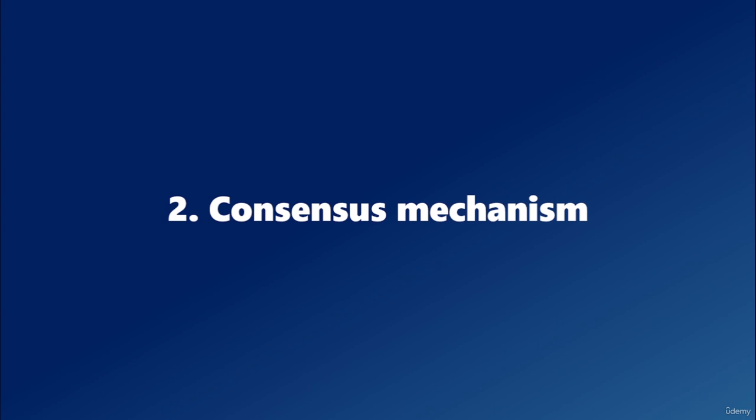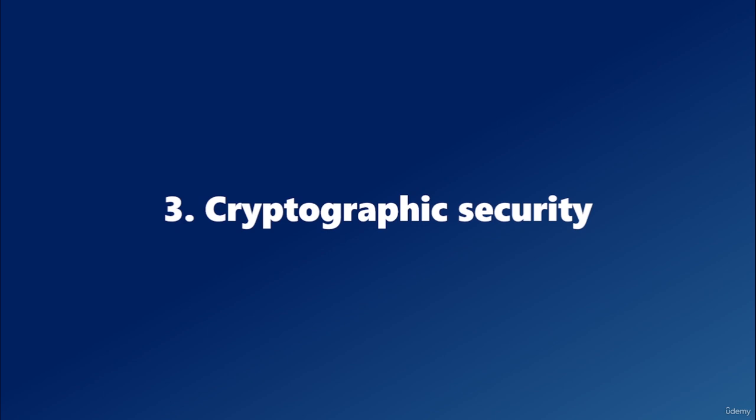In POW, participants known as miners compete to solve complex mathematical puzzles. The first miner to solve the puzzle adds the next block to the chain and is rewarded. POS, or proof of stake, on the other hand, selects validators based on their ownership or stake in the blockchain.